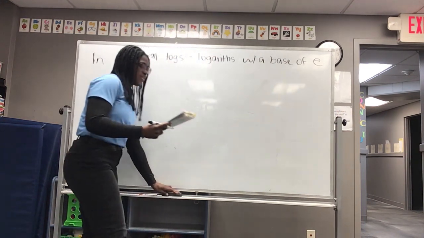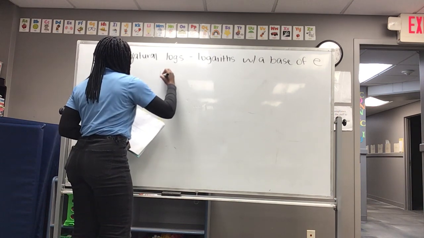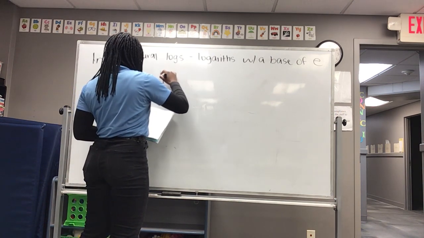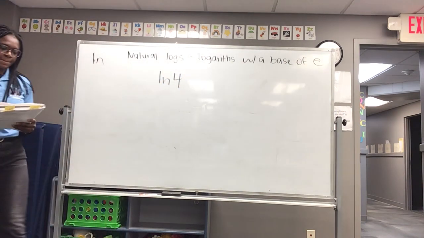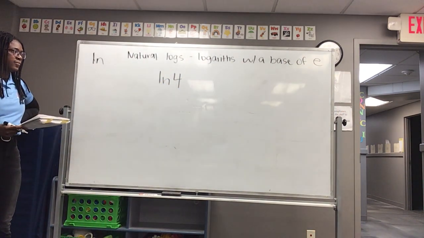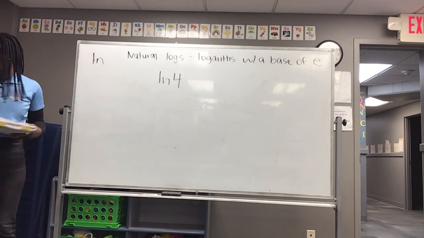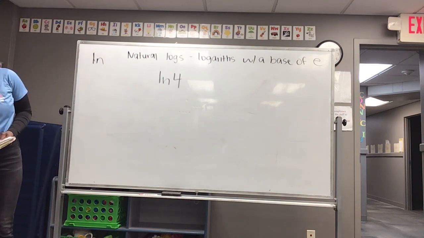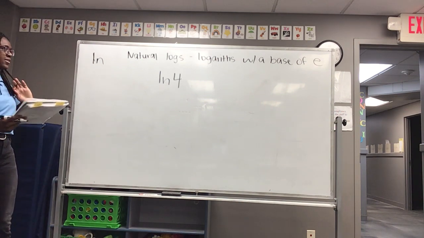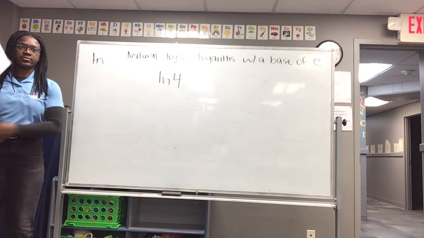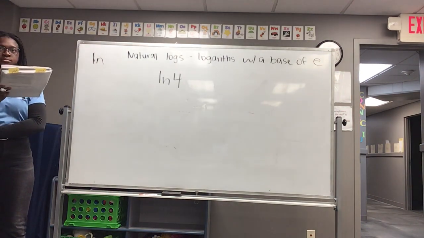This one you can use your calculator to solve, but what about natural log of 4? Do you want to round to the hundredths place? 1.39.